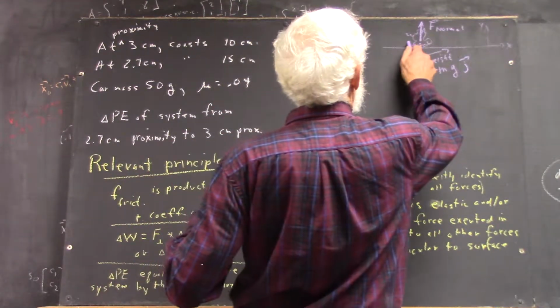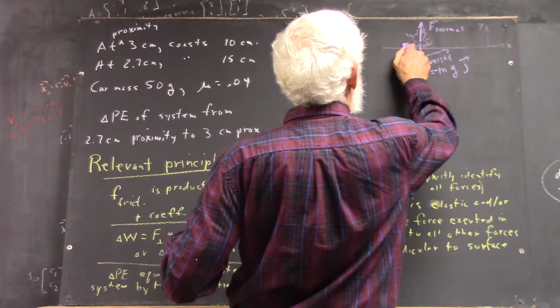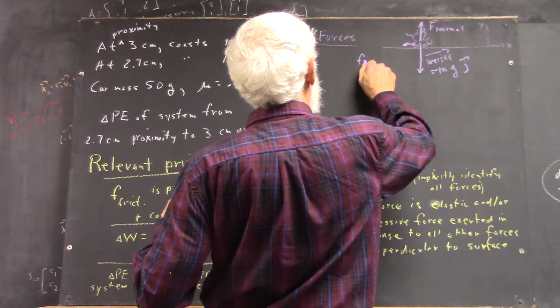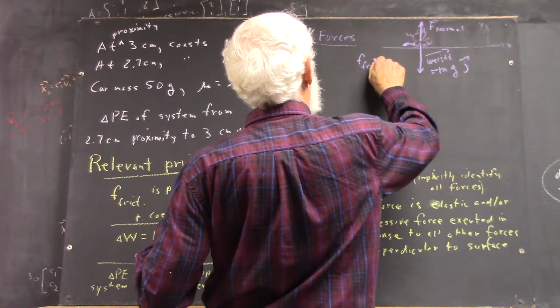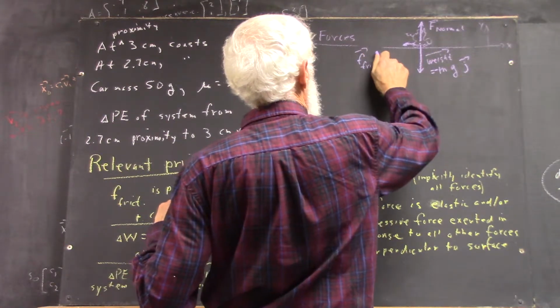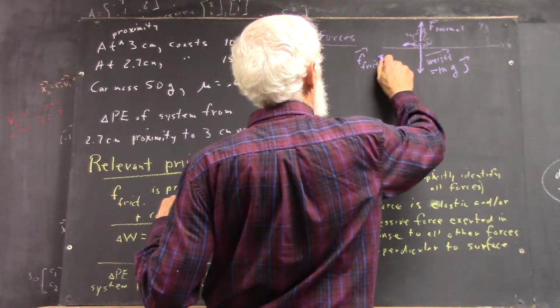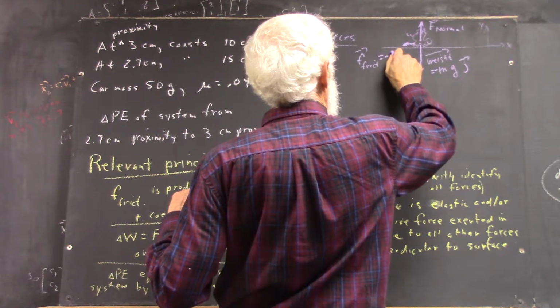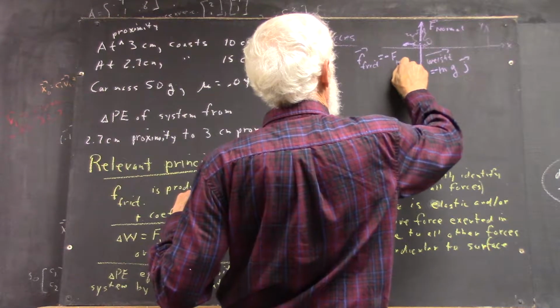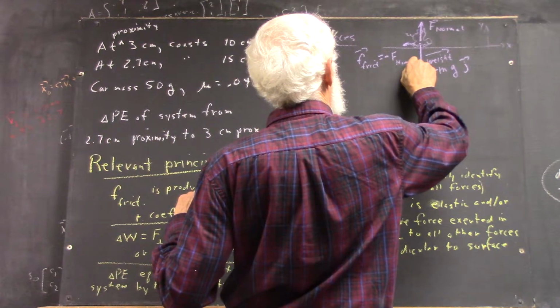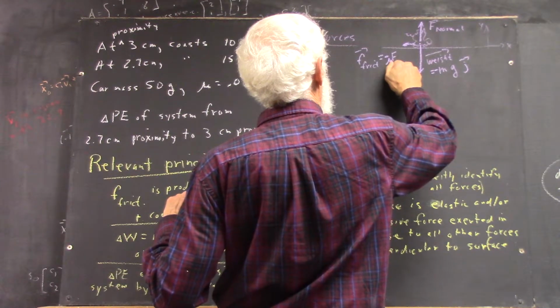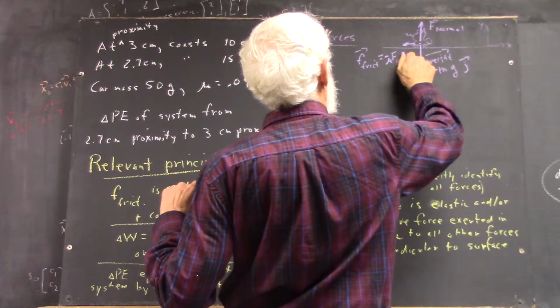So the frictional force equals negative mu times F normal times i.